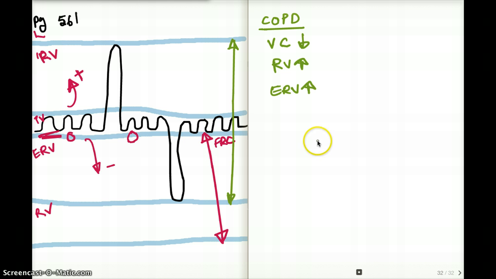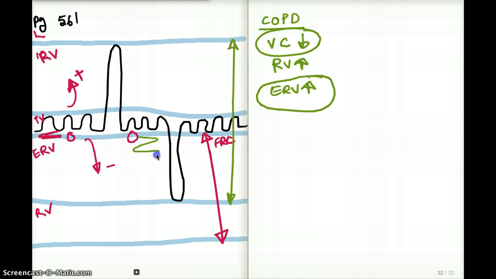But this is the thing, vital capacity is going to decrease, and you're going to say, yes, ERV is part of vital capacity. But in comparison, vital capacity is going to decrease and ERV is going to increase. But even though ERV is increased, it's just the volume that's increased. Really, the capacity to expel air is decreased.